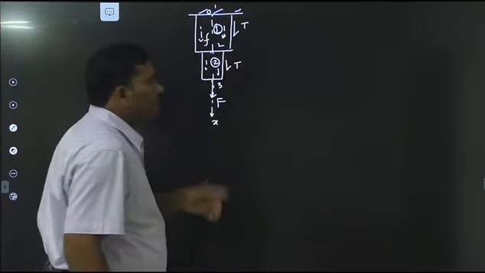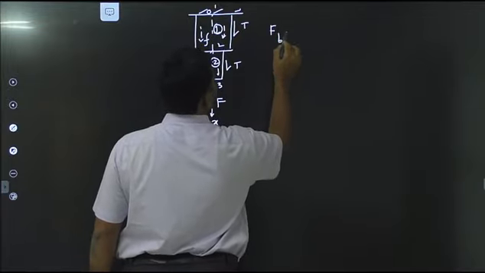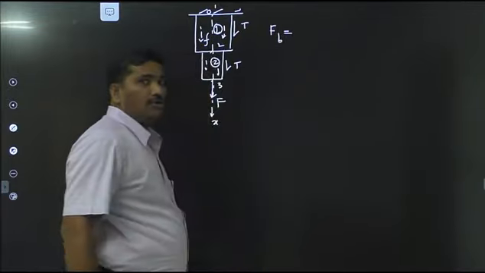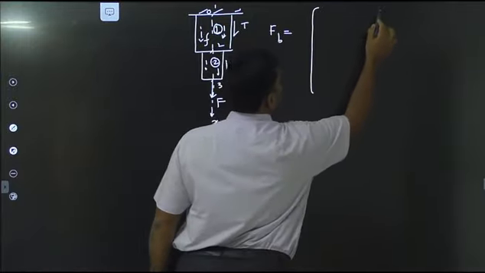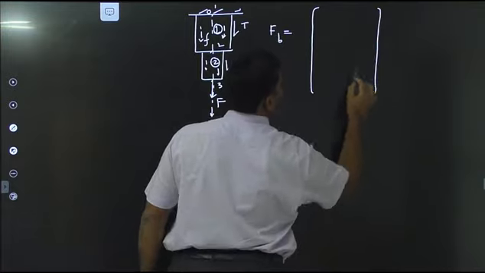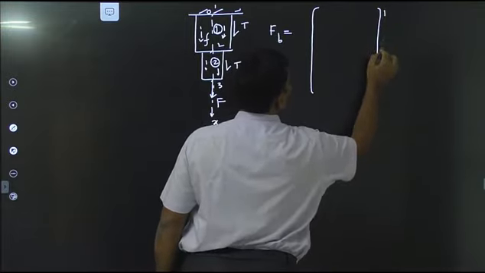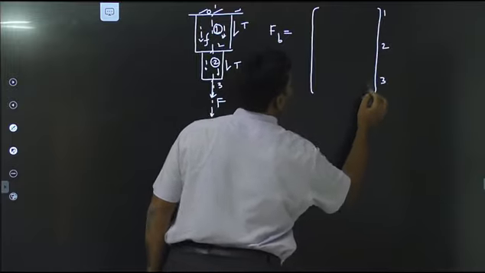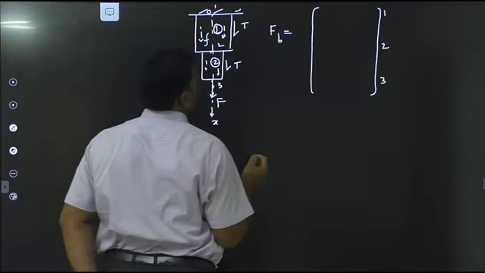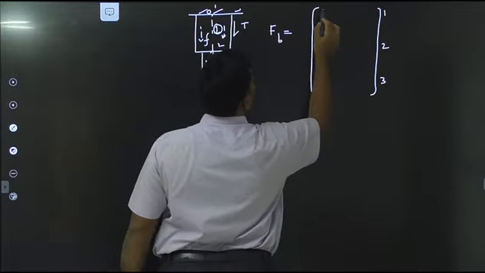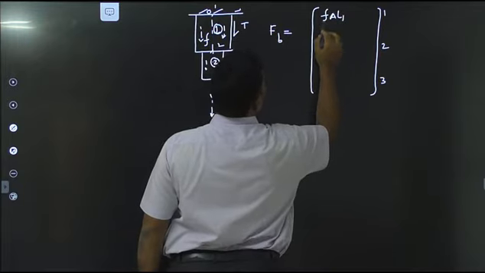Right? The global body force vector we obtained like this. FB equals, we had the global body force vector like this. It is a column matrix of size 3 by 1. So what are the corresponding degrees of freedom? 1, 2 and 3. Okay. What is the first element? The first element is F A1 L1 by 2.